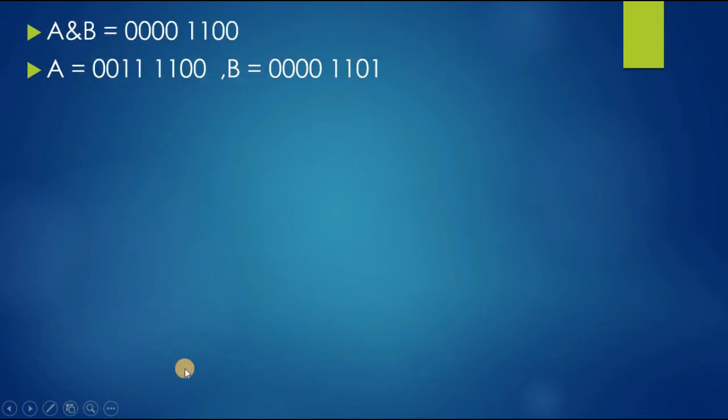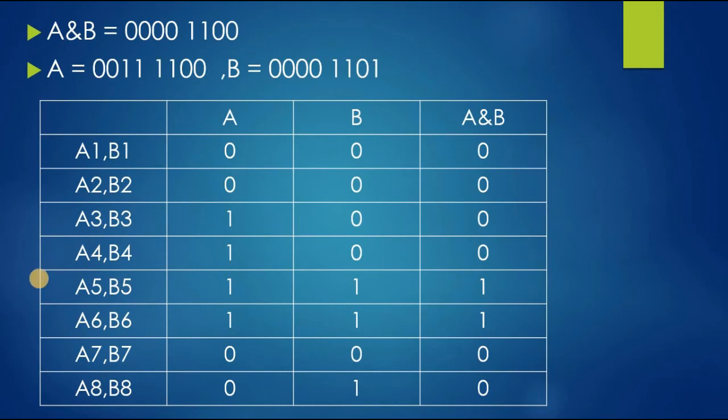Now we will see how we got a result for the AND operator. By using the truth table of the AND operator, we got a result here for A and B. First, we will divide these numbers into 8 parts, like A1, A2, A3 up to A8. For B, B1, B2 up to B8.